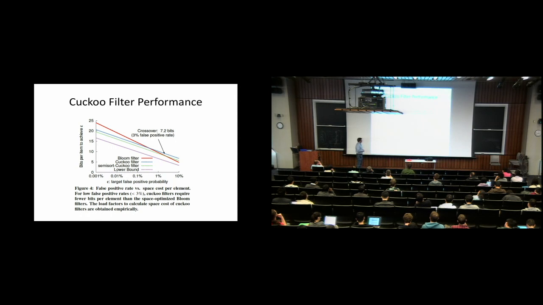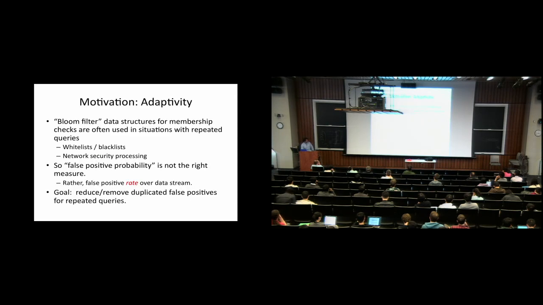And what you see is that very quickly, the cuckoo filter, or the semi-sorted cuckoo filter, the one where we shave off that extra bit, once you're below false positives of about 3%, starts to perform better, and they seem to follow the slope more closely with the lower bound result. So you're getting pretty close to the lower bound when you're using the cuckoo filter. Okay.